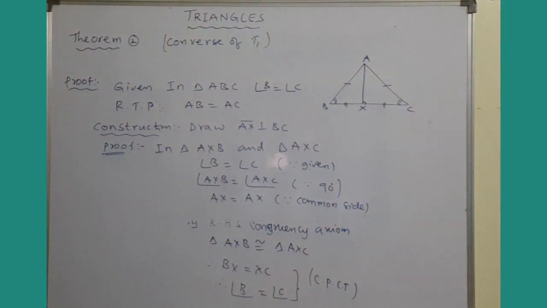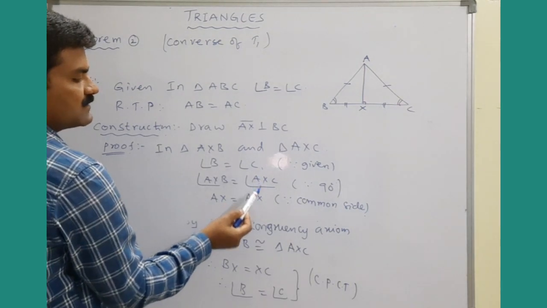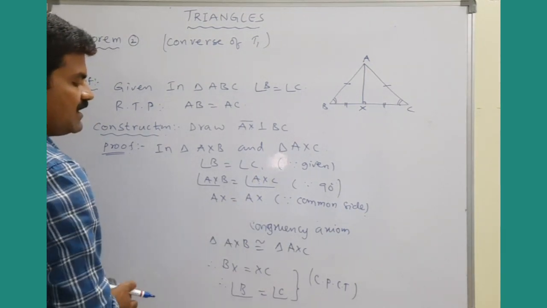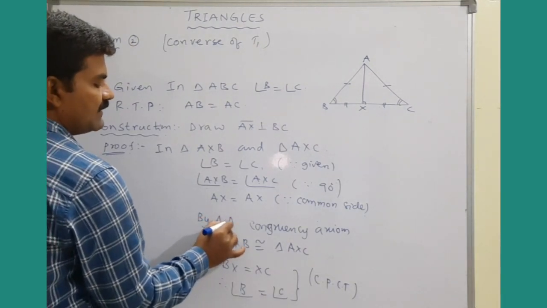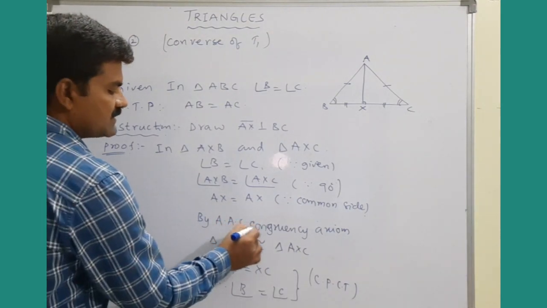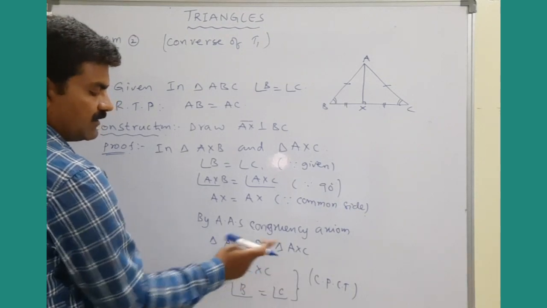Hence, see, angle, angle, side. So I can say that by AAS, angle, angle, side, or ASA also you can, congruency axiom, both the triangles are congruent to each other.